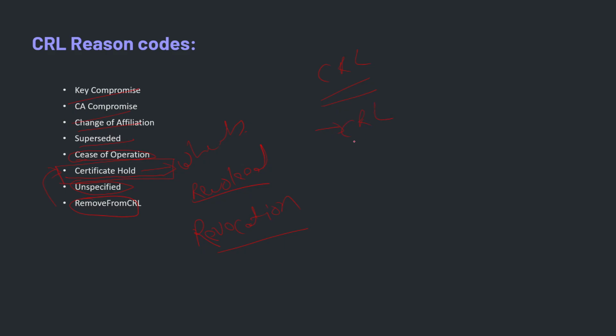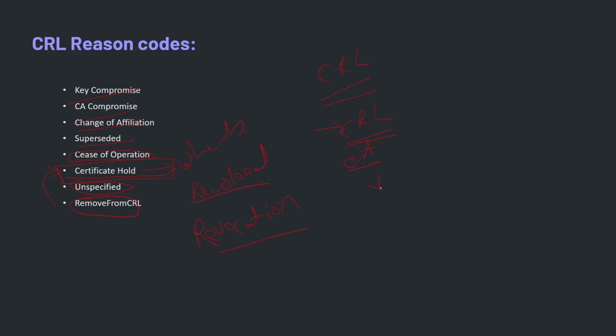Those CRL files are present in the certificate as well. So the site which you are using will have a certificate, and in that certificate you will find a CRL file where the list of serial numbers of the certificates revoked by that certificate authority will be mentioned.